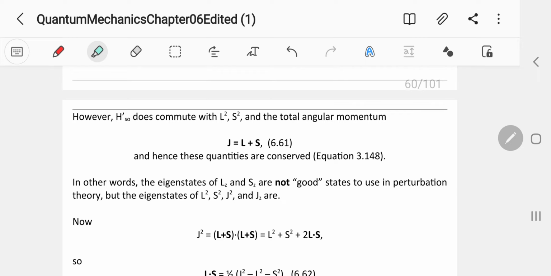And you have this one and of course this one as conserved quantities.